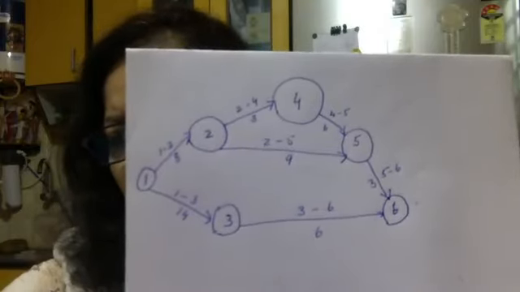Now we have only one left, 6 to 7, which I am going to do naturally. 6 to 7 is 1.